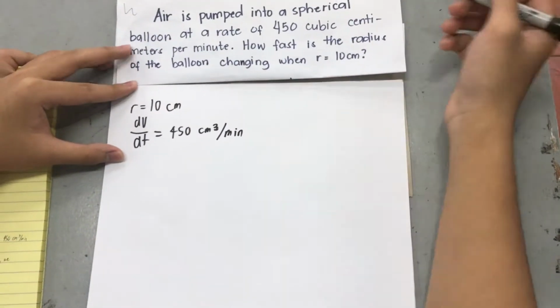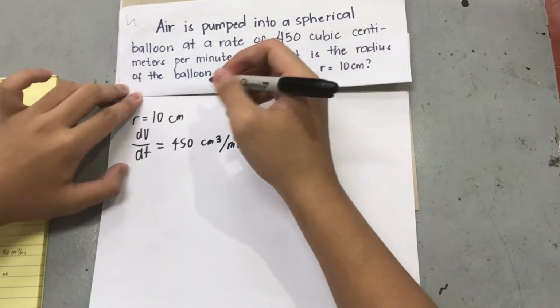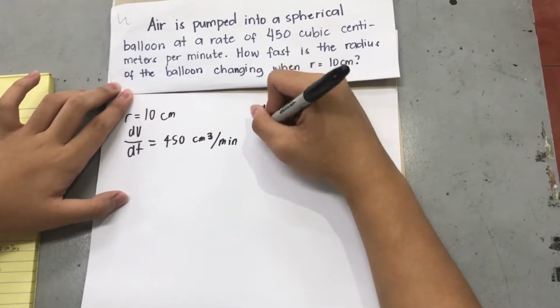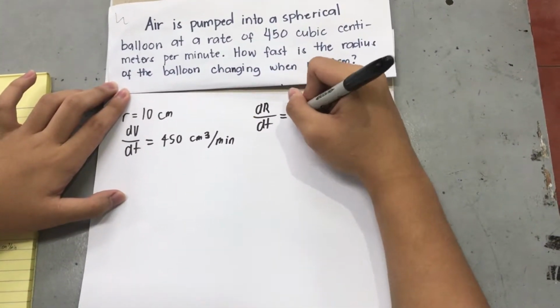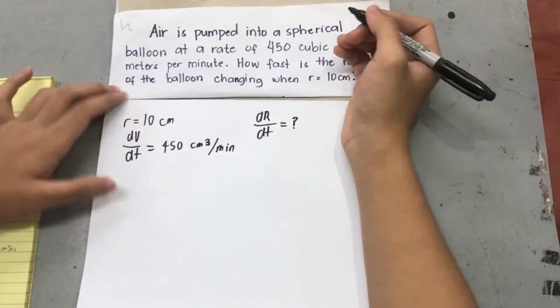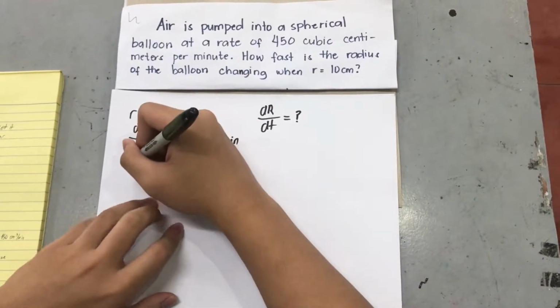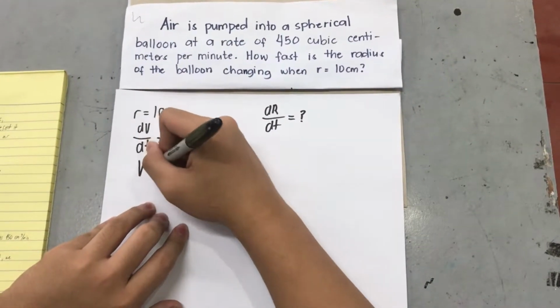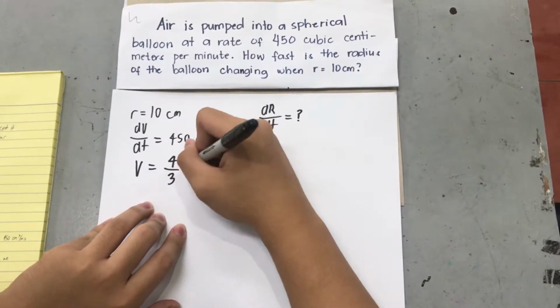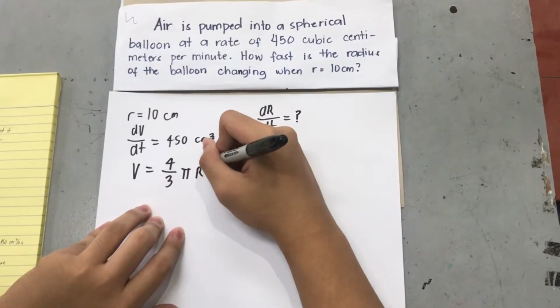Now we're finding the rate of change of the radius, so let's represent it as dr over dt. Now, how do we find this? Since we're talking about a sphere, let's use the formula for the volume of a sphere, in which V equals 4 over 3 pi r cubed.